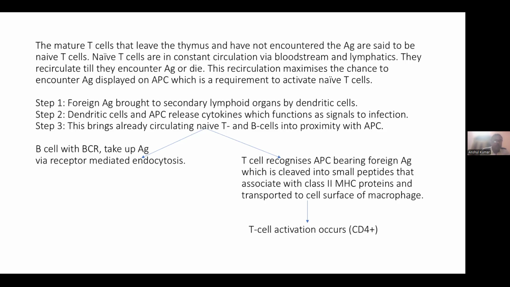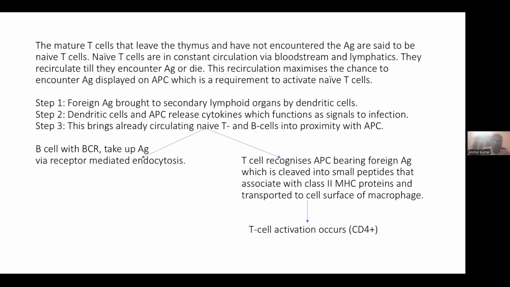Now, how does it get activated? Foreign antigen is brought to secondary lymphoid organs by dendritic cells. Dendritic cells and antigen presenting cells release cytokines, which function as signals of infection. This brings already circulating naive T and B cells into proximity with antigen presenting cells.